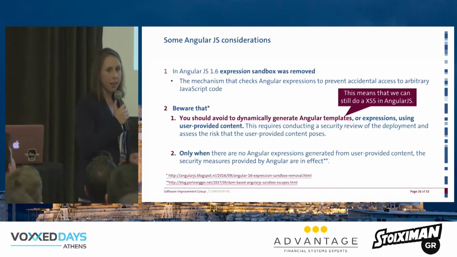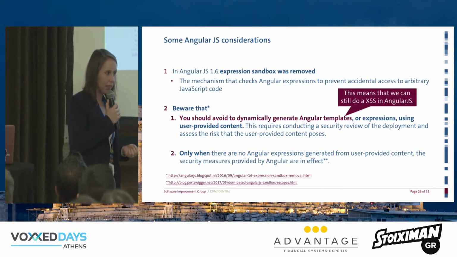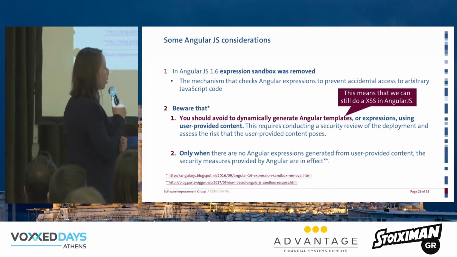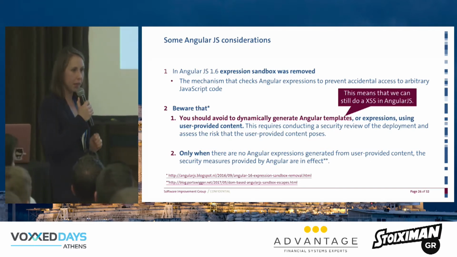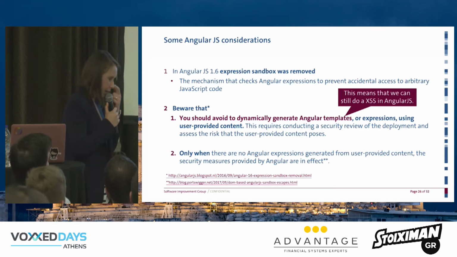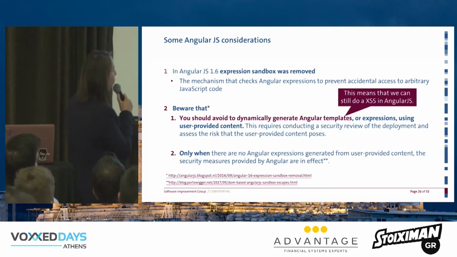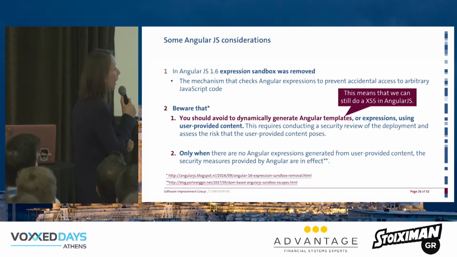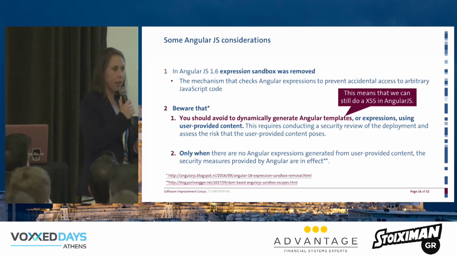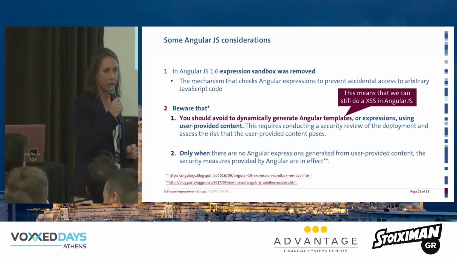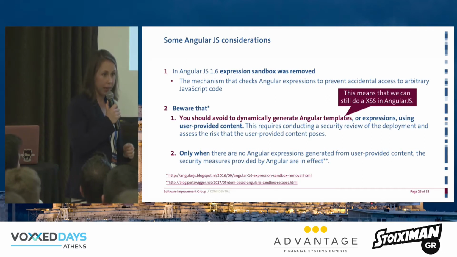As I said, Angular protects you against some attacks in certain ways. But because Angular developers decided to remove the expression sandbox last September, there are certain methods that are actually vulnerable. So it's actually possible to do a cross-site scripting attack in an Angular application.